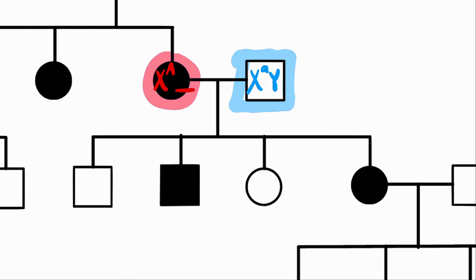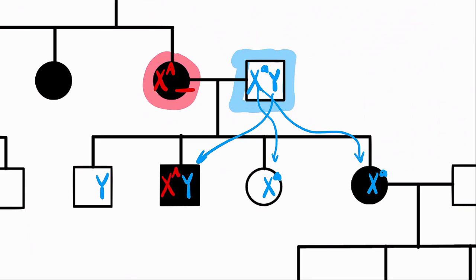The Y chromosome is always given from the father to the males, and the females will always get the father's X, and he only has that little a. So I think the females are going to tell us a story here. That one's colored in.